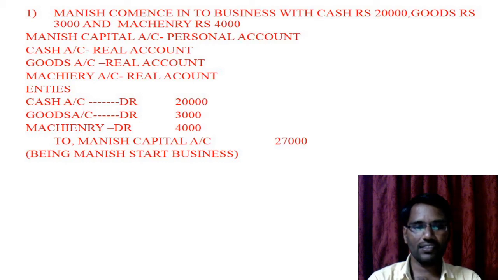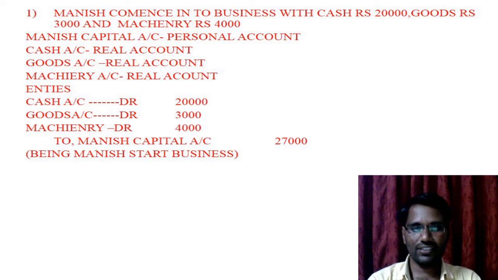Manish capital is the personal account. Personal accounts rule is debit the receiver, credit the giver. So Manish capital is the giver, therefore we treat debit to the Manish capital account.